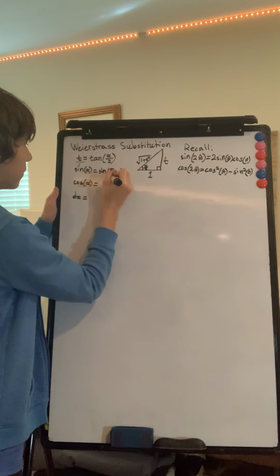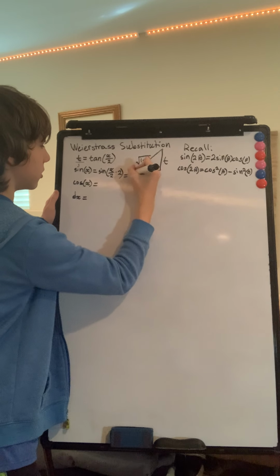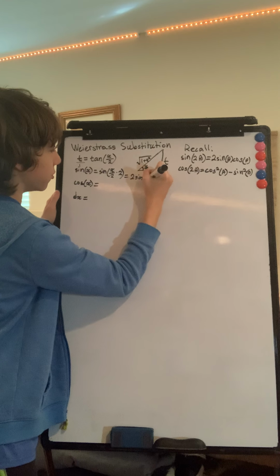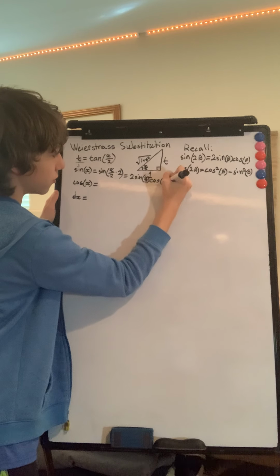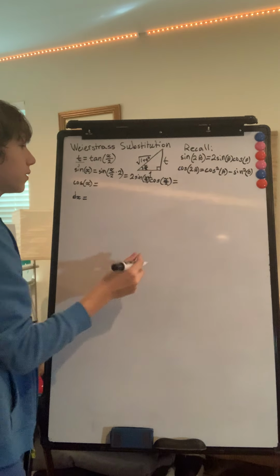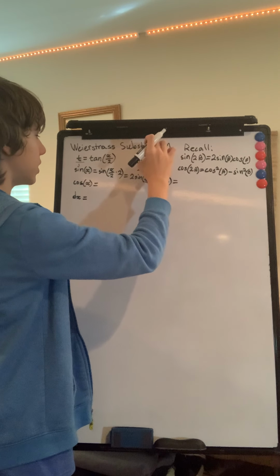And so now let's just split this up. This is basically just 2 sine of x over 2 times cosine of x over 2. And we can easily compute this. Sine of x over 2, that's just opposite over hypotenuse, right?